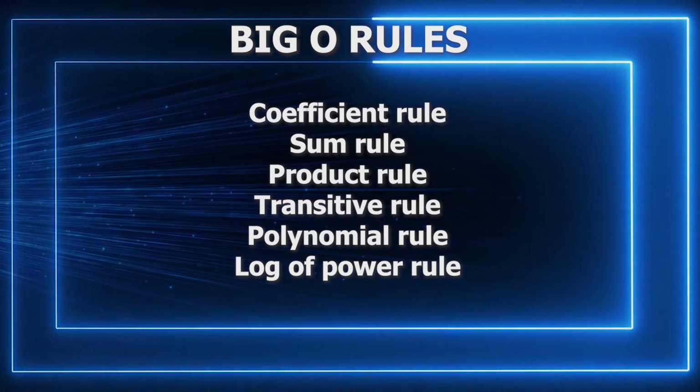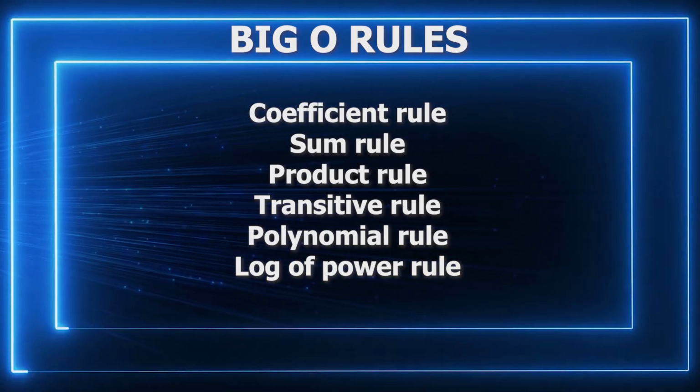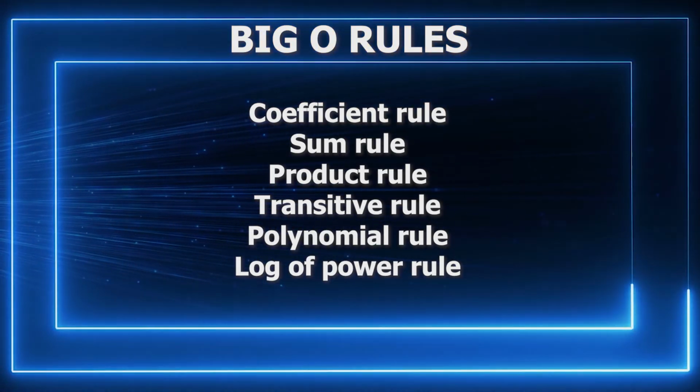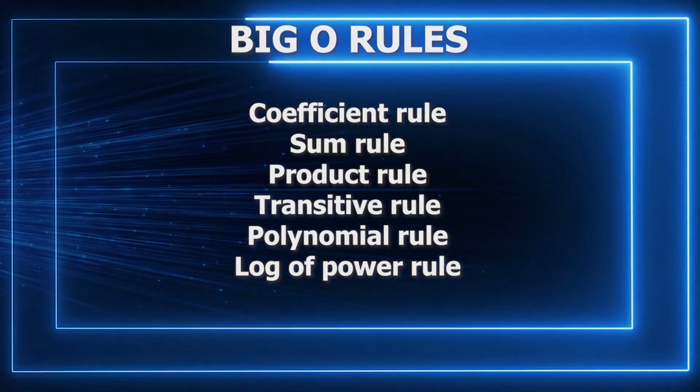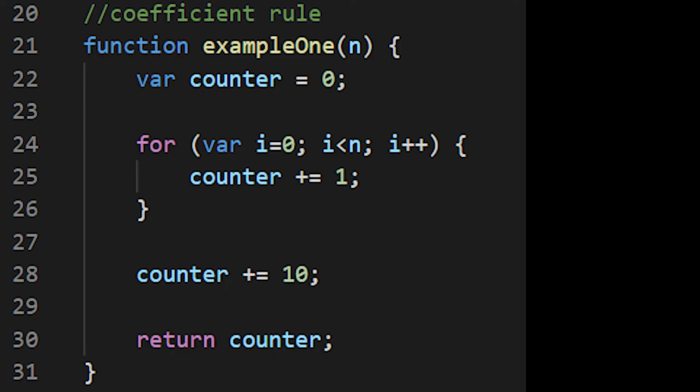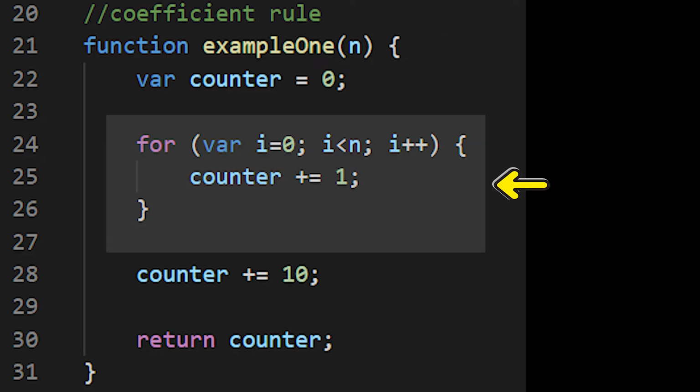Now that you have some idea about Big O, let's look at some concrete examples using the rules of Big O to help compute time complexities. So here, you have a function called example1 with an input n. The only part of the code that is dependent on the input data is the for loop. The for loop step will execute as many times as specified by n.